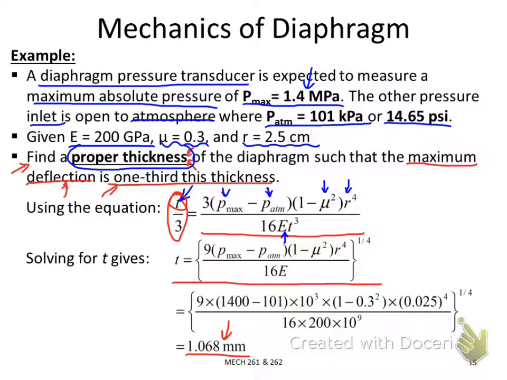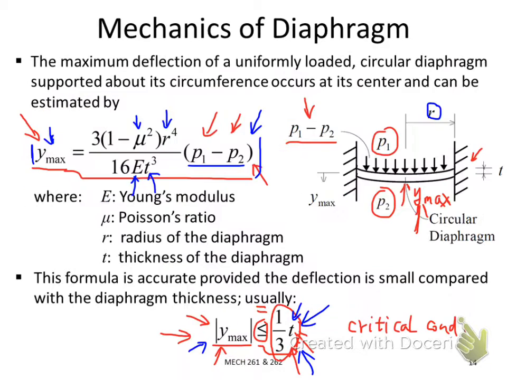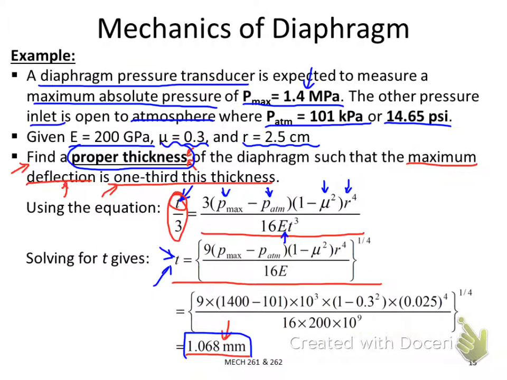So this critical value should be the smallest t value we should choose. Any t value larger than this critical value will make this condition hold. So this value is actually the smallest thickness.